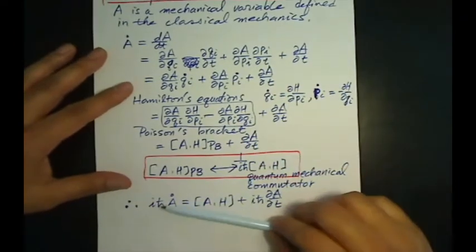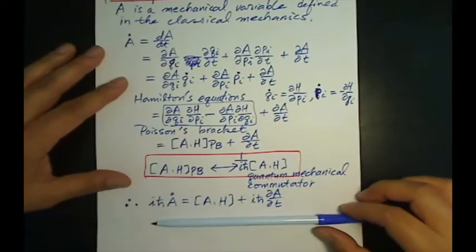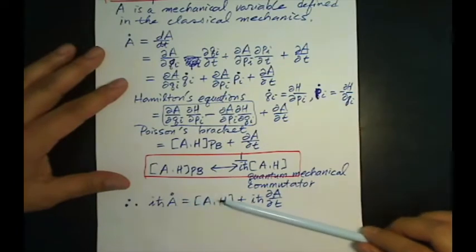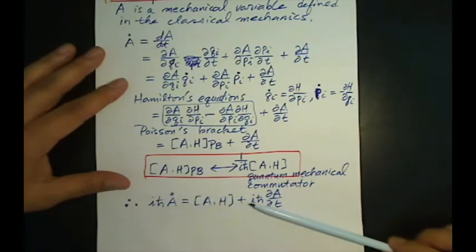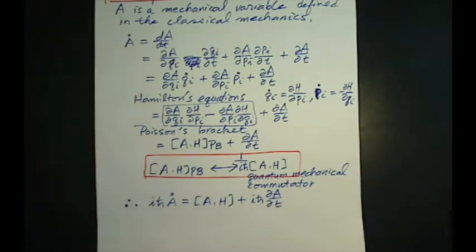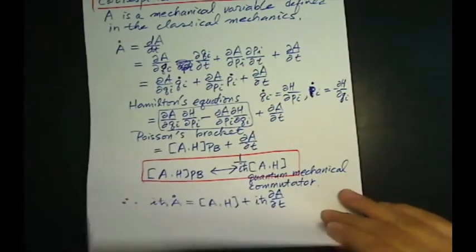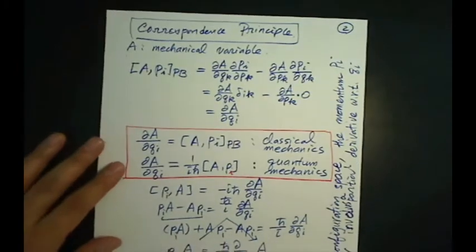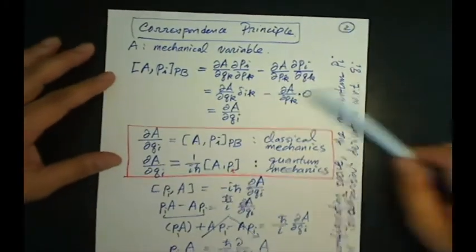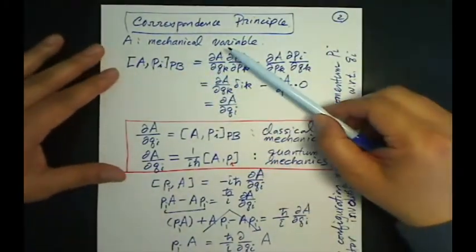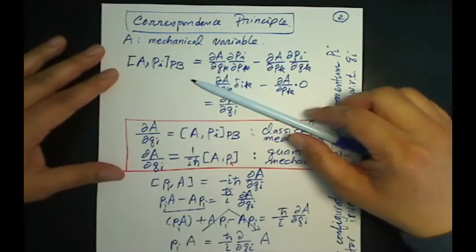In general, this one is replaced with this one, so these are quantum mechanical operators. So, in summary, that is the total time derivative.